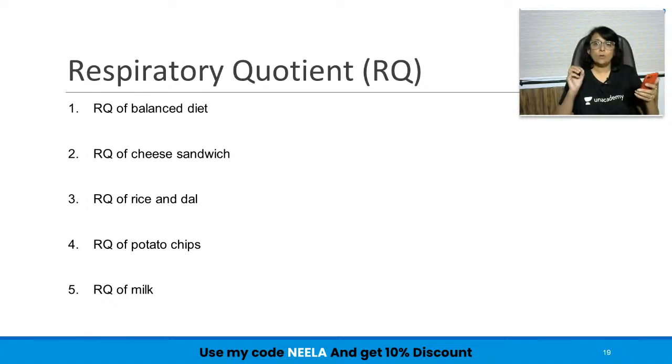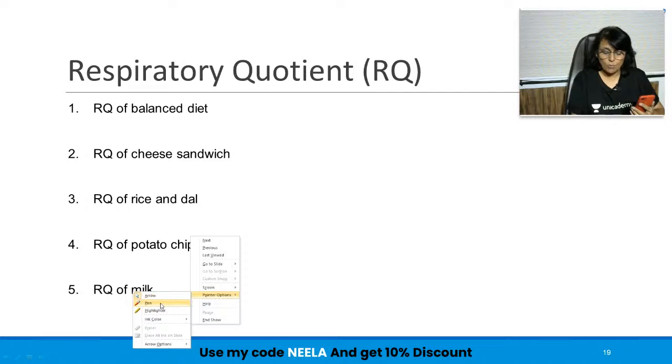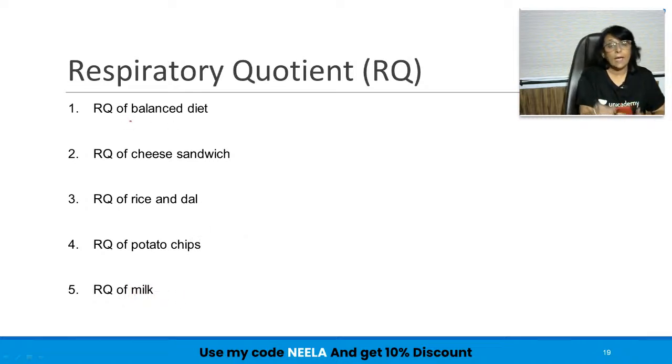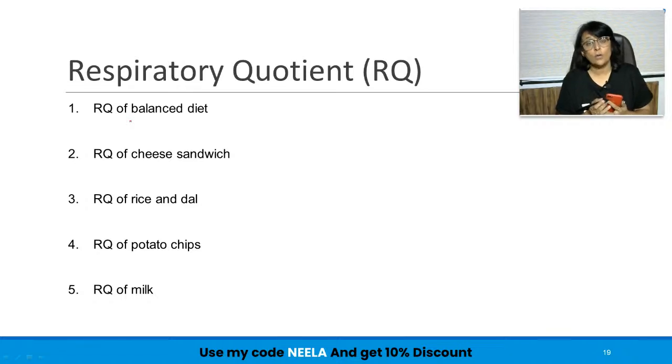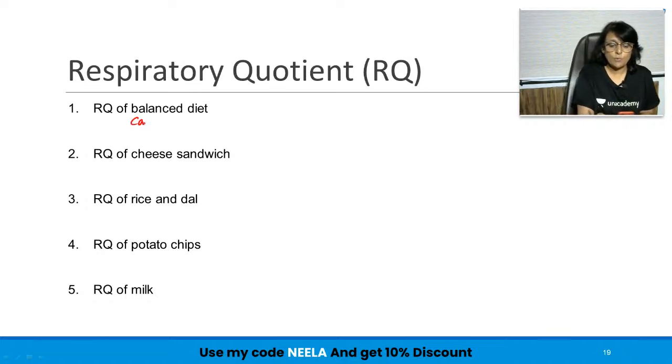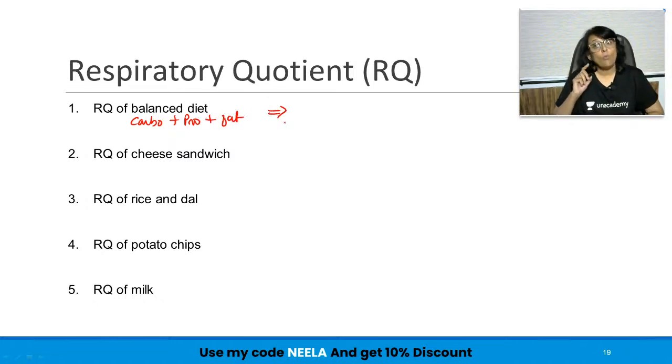And now I'm giving you a practice thing. You need to find out what is the RQ of these things. Suppose you are taking a balanced diet. What all things are there in a balanced diet? And balanced diet changes according to the age. So there is carbohydrate, there is protein, there is fat. So if you're taking balanced diet, what will be the RQ of that balanced diet?